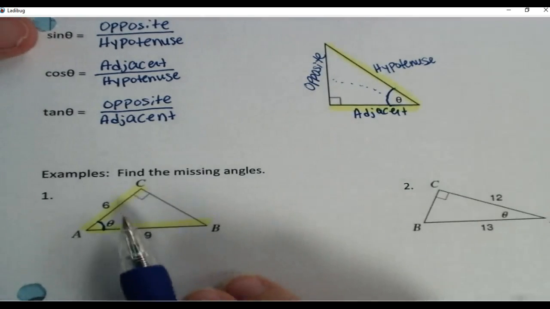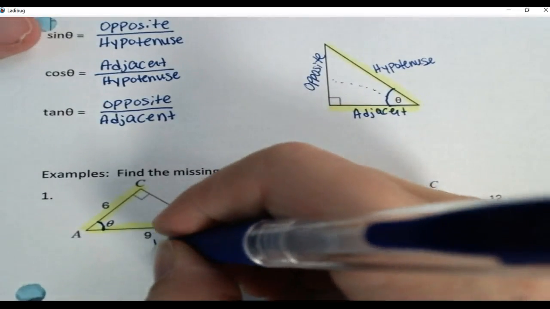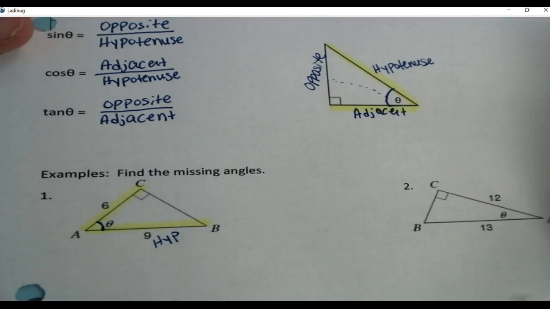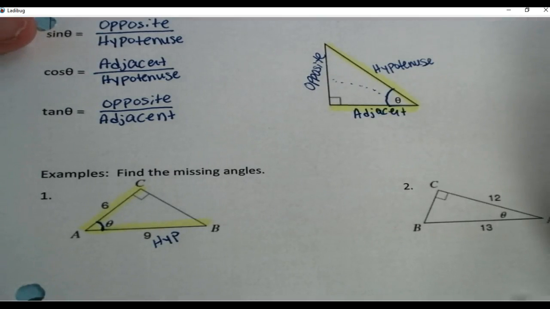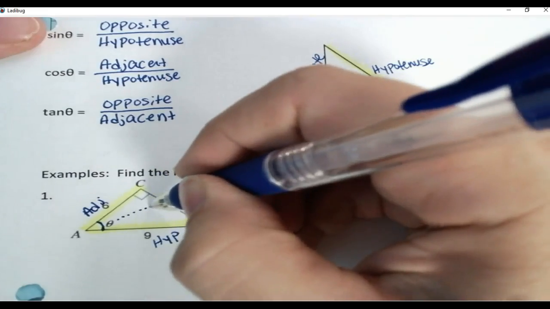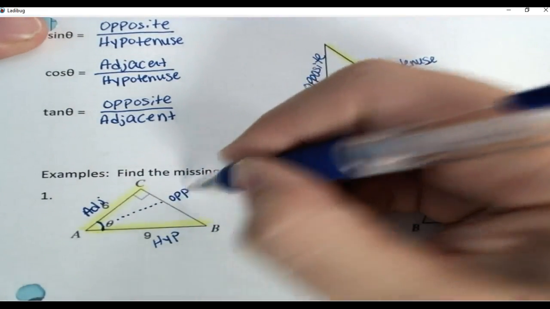Then we label it. We've got our right angle. Across from it is our hypotenuse. Our other highlighted side is always adjacent. And then across from our theta, never highlighted, is the opposite.